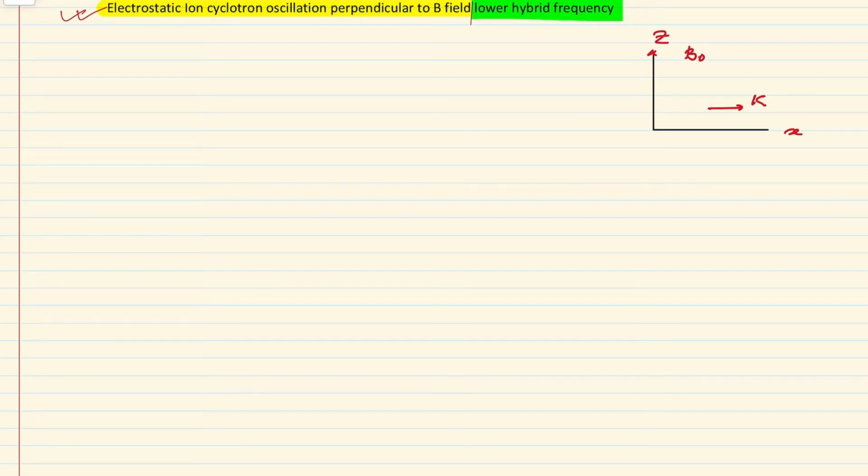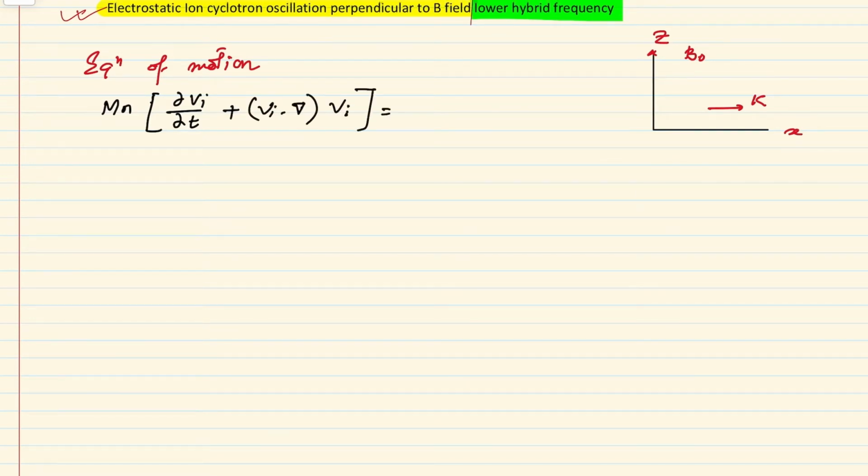The equation of motion is M n del vi by del t plus vi dot del vi is equal to en E plus vi cross B. So this is equation of motion number 1.